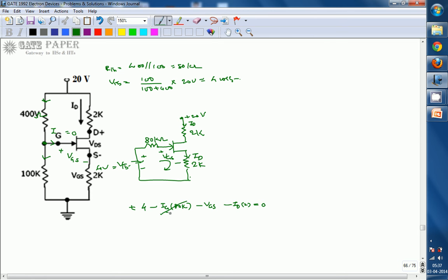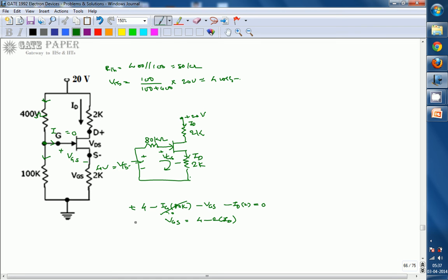IG is equal to 0, so that term is 0. Next, VGS can be expressed as 4 minus 2 times ID. This is the VGS value.